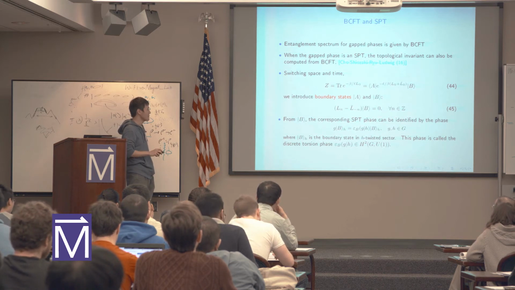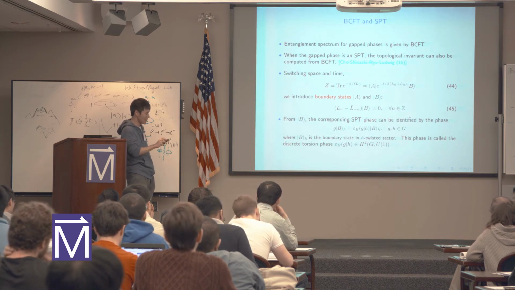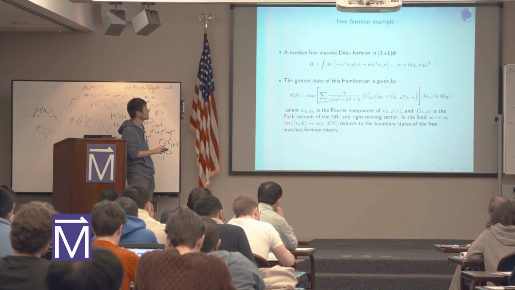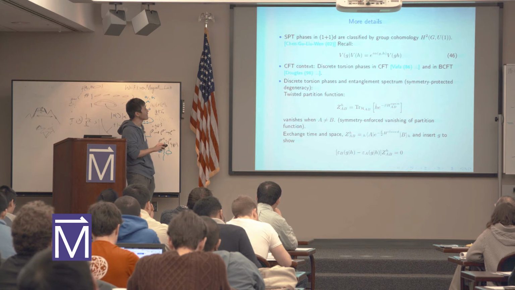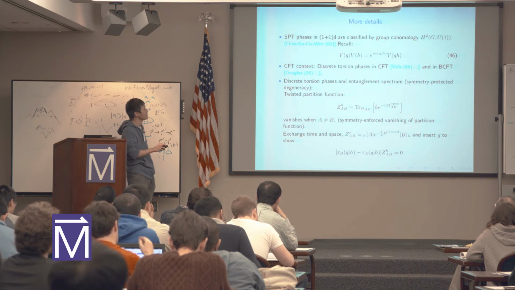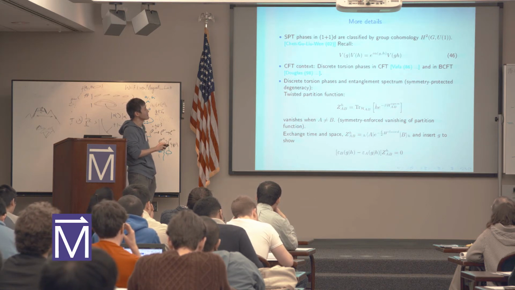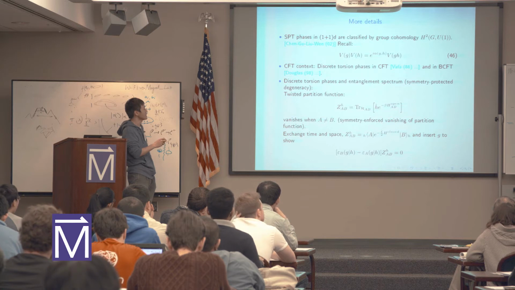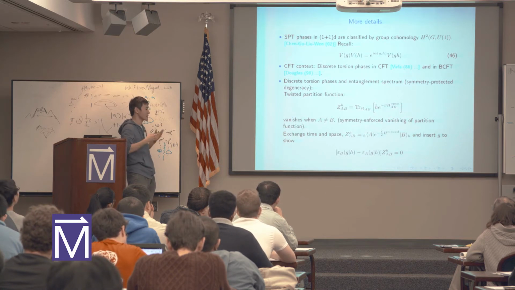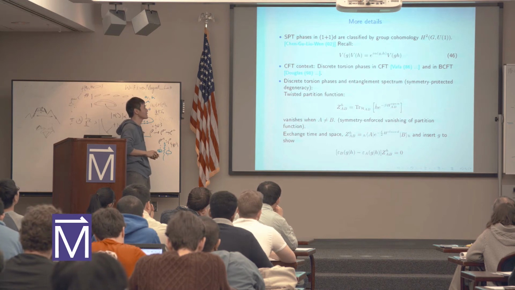Okay. The second remark is that the projective phase we have been talking about is something called a group cohomology phase, so this phase is classified by something we could call group cohomology, and that has been made use of to make a general statement on the classification of SPT phases.